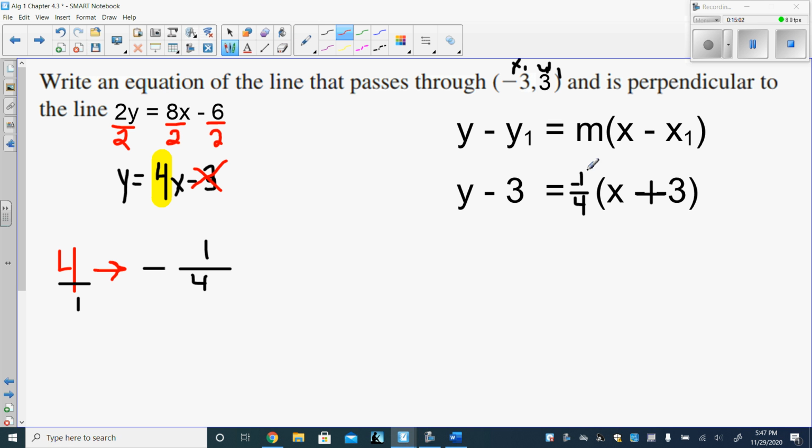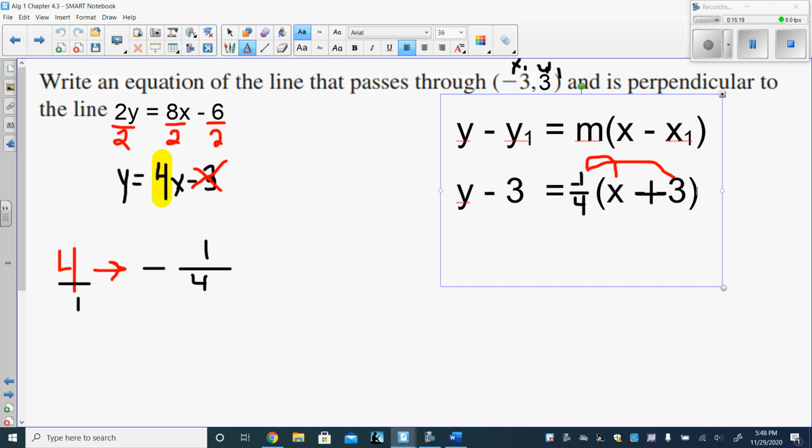Now the next thing we're going to do is we're going to multiply through by our negative 1/4. Our negative 1/4, we're going to multiply negative 1/4 by x and negative 1/4 by 3. So we do this here. So the y minus 3 is not going to change. Equals. Oh, we have our negative 1/4.